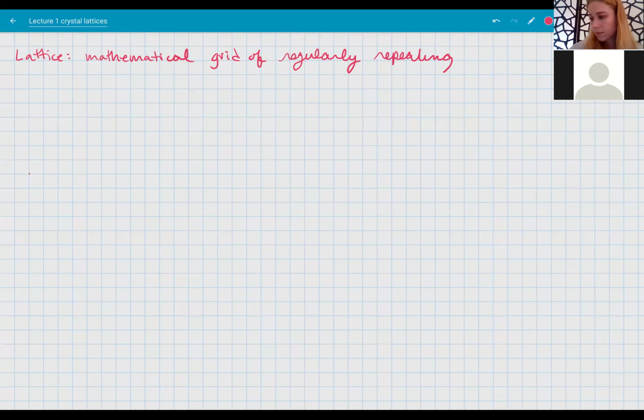All right, so a lattice is a mathematical object, and then on top of this lattice, one can put a basis. A basis is a physical object. It is an atom or group of atoms that is attached to each of the lattice points.